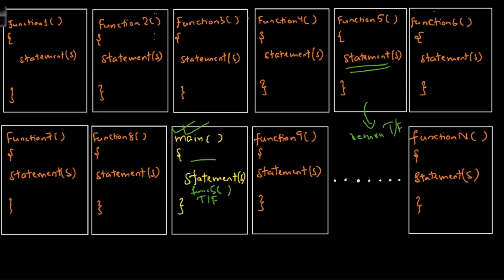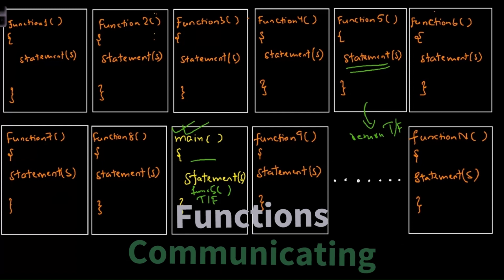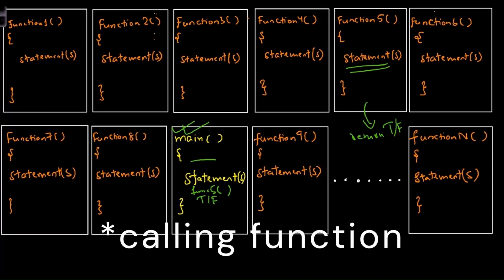Sometimes it might happen that from main you call function 5, and while executing the statements in function 5 it may call another function, and then that function may call some other function. This is how the control of your program flows from one function to the other, and then it returns back to the calling function.